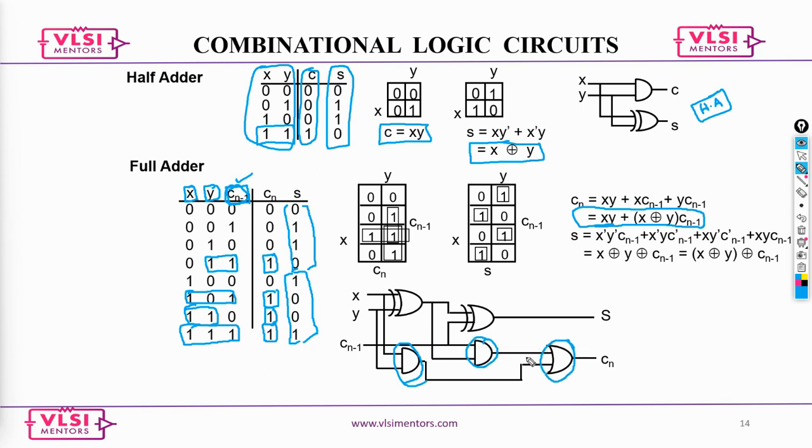And your sum is basically x and y XORed, and the output of that is again XORed with your input carry. So this is how your basic building blocks are constructed.